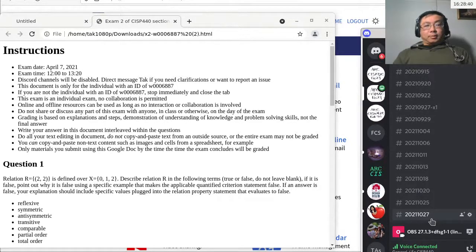Alright, so today's plan is to go over the practice exam, which is the actual exam from last semester. And then if we do have time left, we can continue with the discussion of big O, big omega, and big theta. It depends on how much time we spend on the exam.